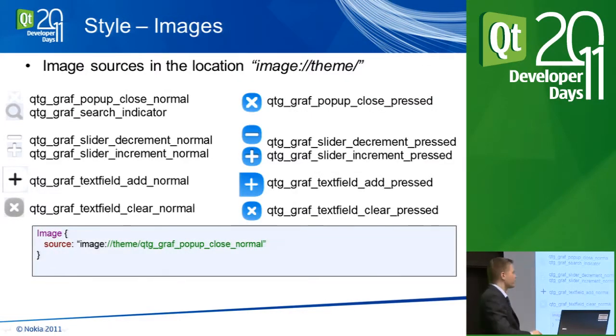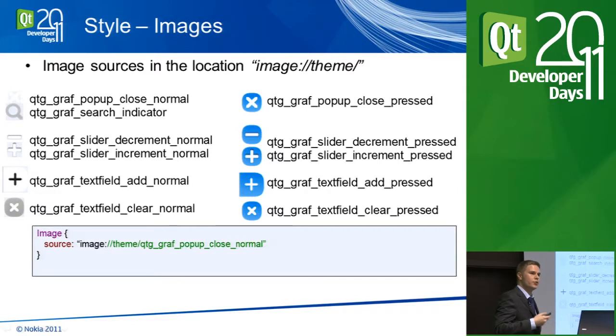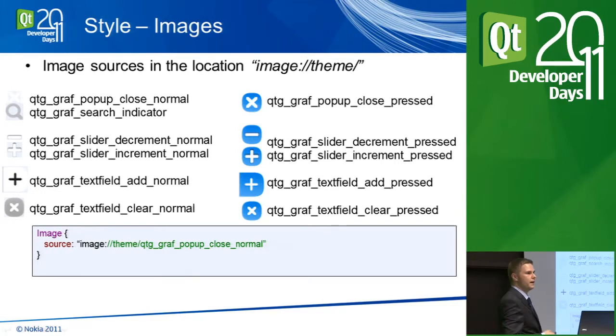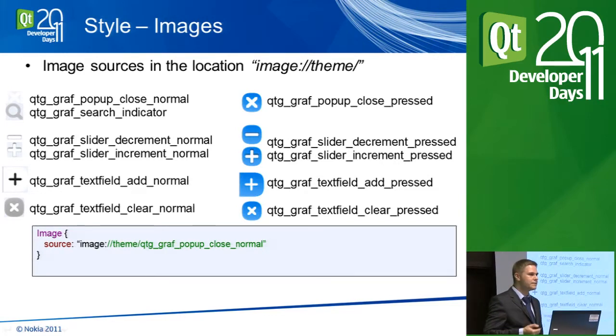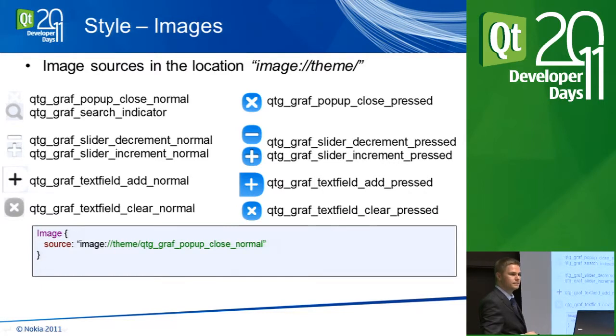Basically, for images, there's the theme URL scheme that you can use, or image scheme and theme path that gives you access to themed versions of certain UI elements.